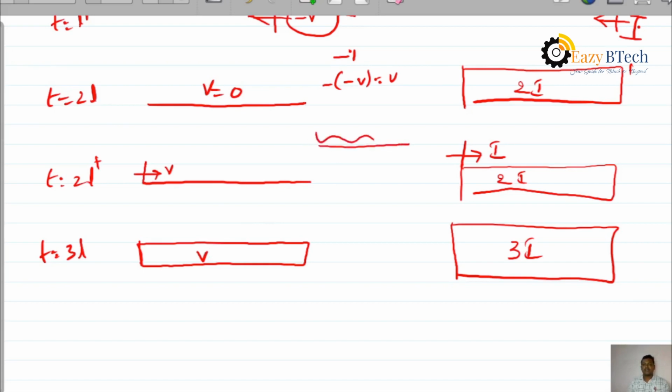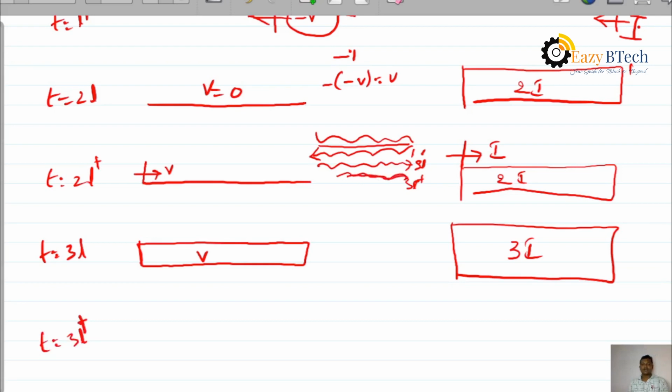At t equal to L it reaches the end, at t equal to 2L it is reflected back, and again it is reflected back. We are at 3L, now at 3L plus.